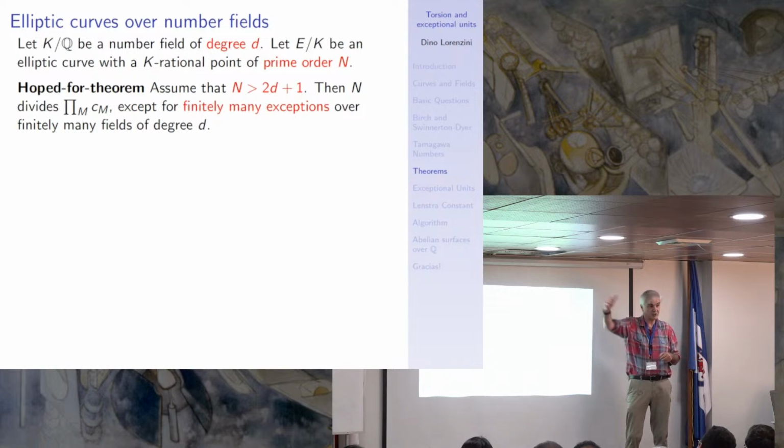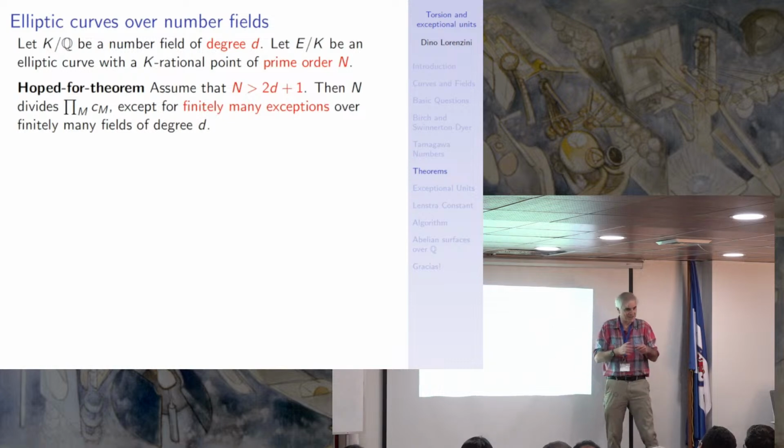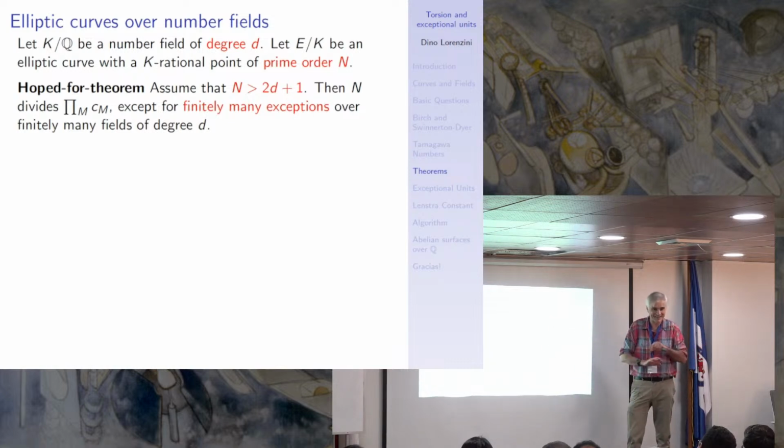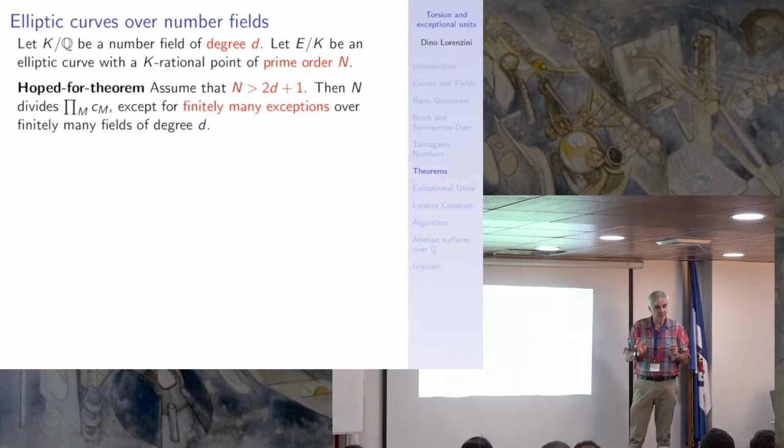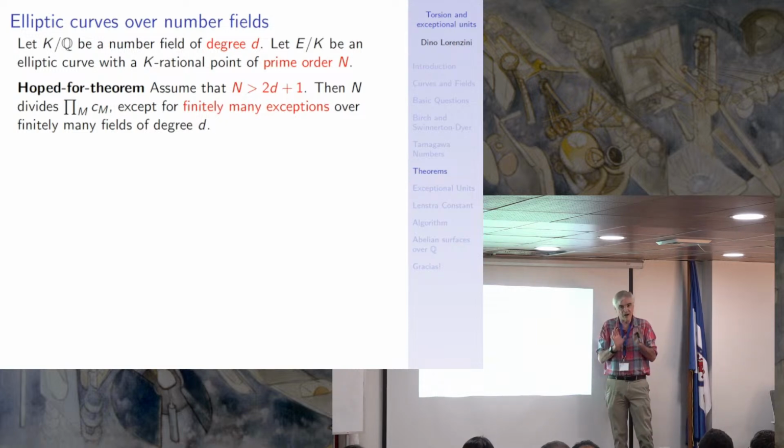If n is large and d is small, there are no points. So my theorem is useless. There are no elliptic curves at all, right? With cancellation or without cancellation. And then if you take d too large, you start to have infinitely many exceptions. Right? So there's a range where I hope there is a theorem of finitely many exceptions.